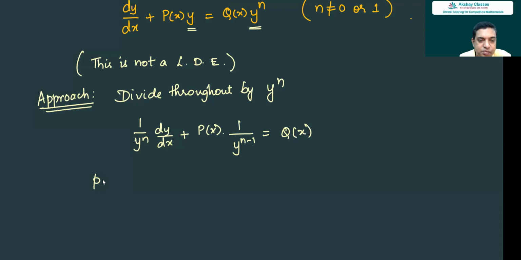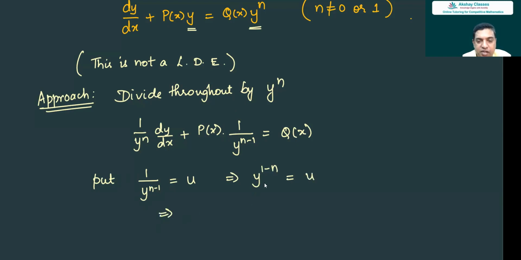Now substitute 1 by y power n minus 1, this term, as u. So this implies y to the power 1 minus n is u.